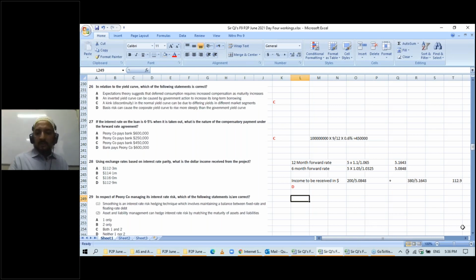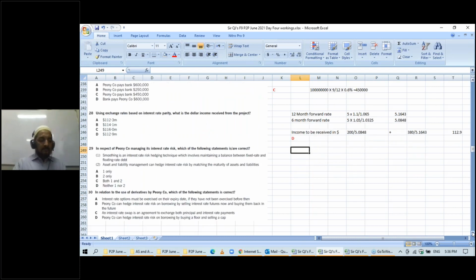Okay, now question 29. In respect of P&E company managing its interest rate risk, which of the following statements is correct?